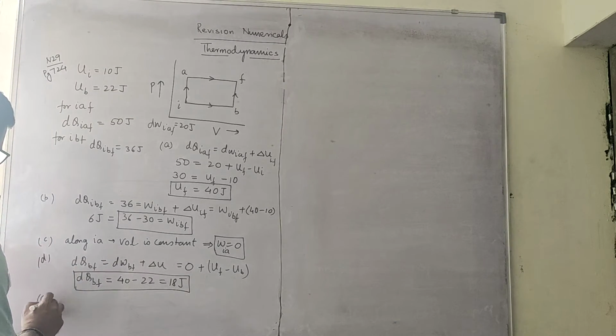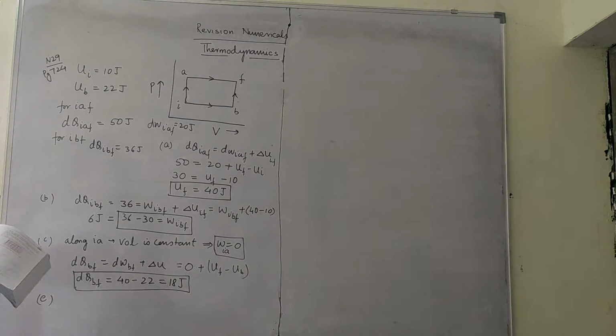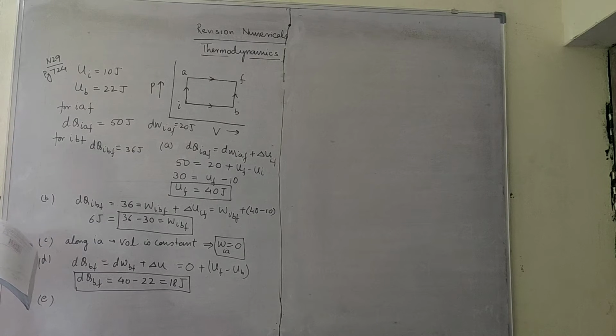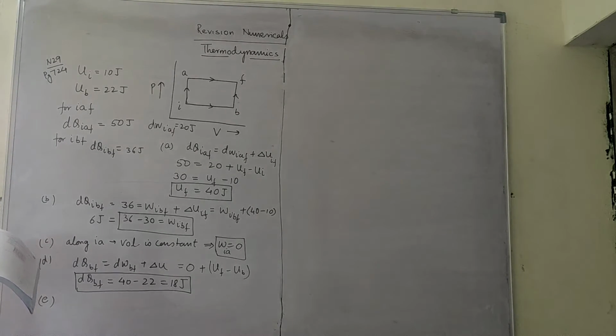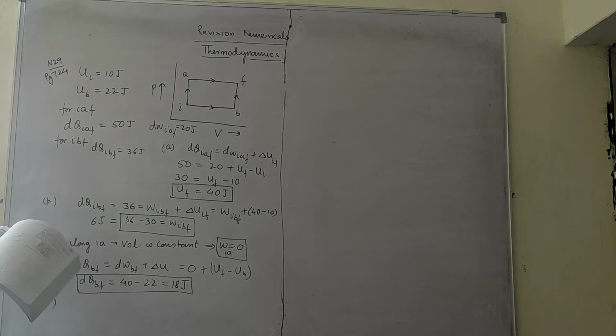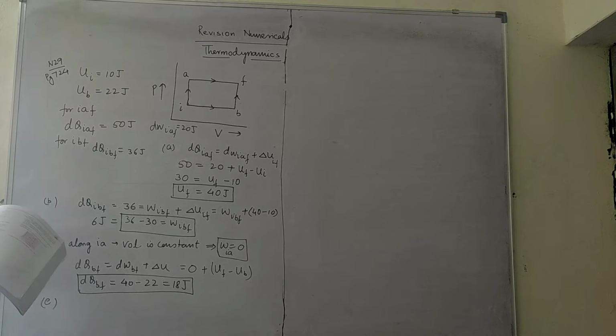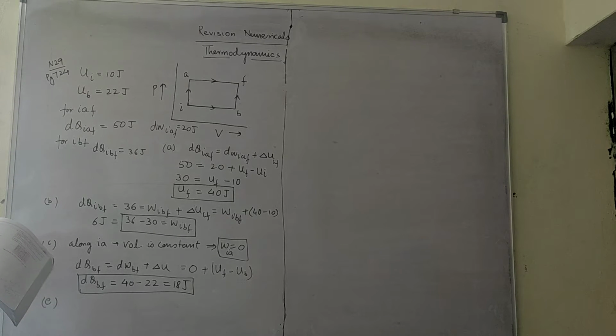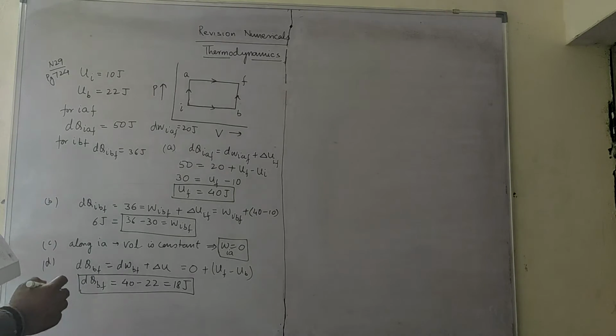Now the last part. You can see only the first law is applicable and you are applying all the concepts. Value of dU, and now again there is a correction, it is written value of dV. There is nothing like dV, you have to write dU. Value of dU and dW for path IB.